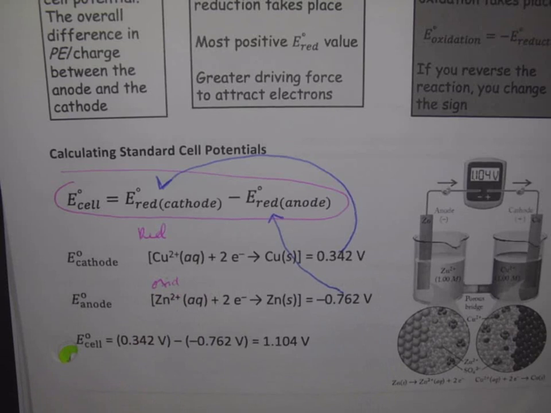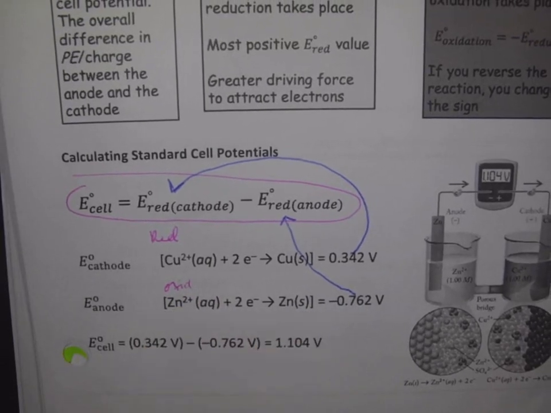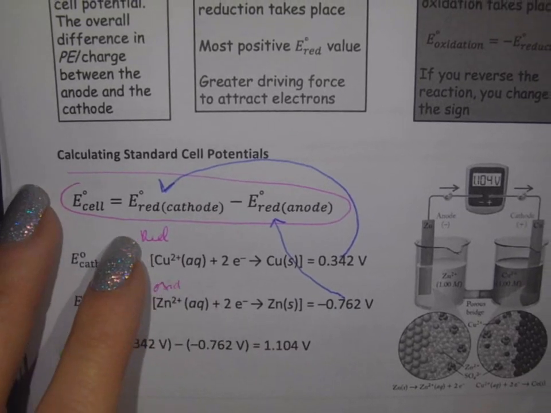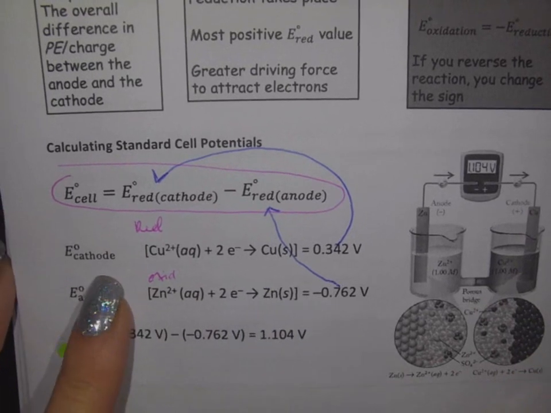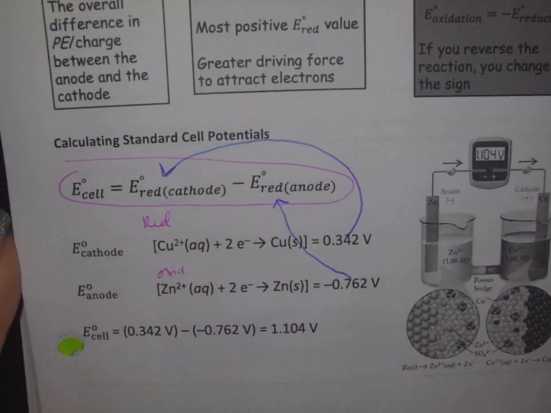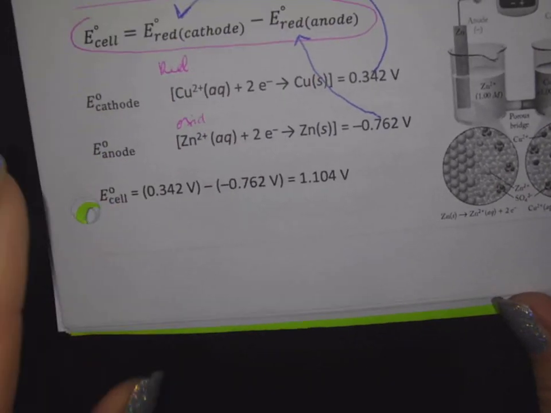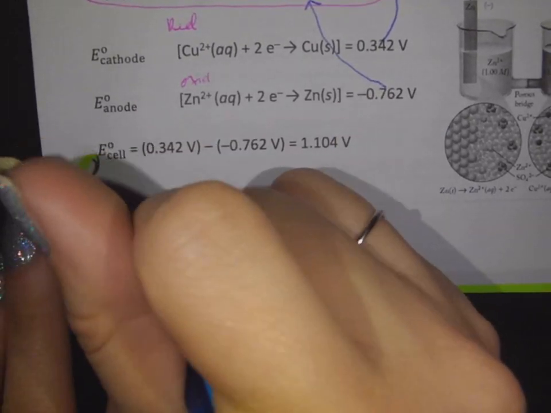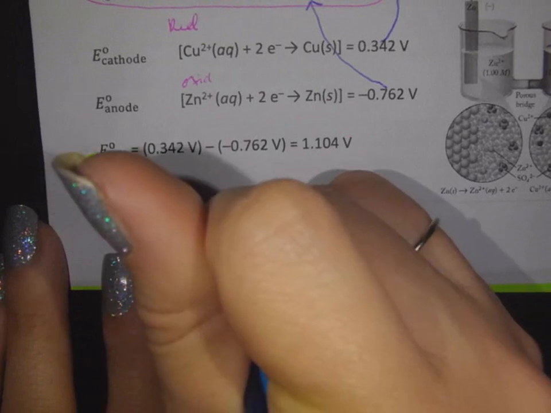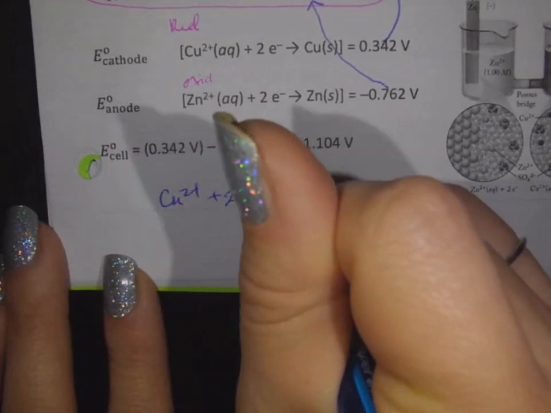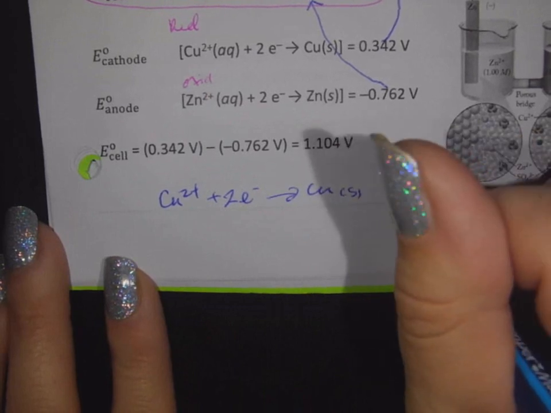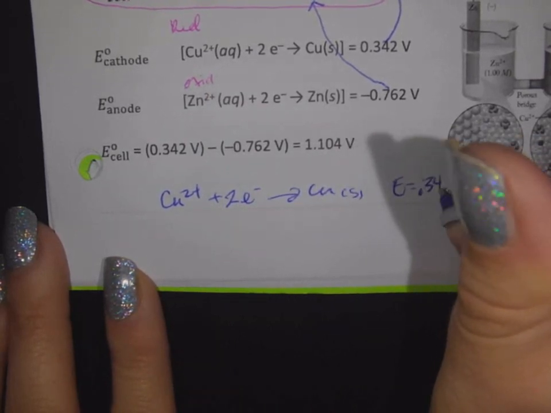If we flip the zinc, would we also have to flip the copper? Oh, good question. No, we wouldn't. And let me show you why. If we combine these in the way that you guys are saying, I leave copper the way it is, because this is a positive, so it's going to be copper 2 plus 2 electrons turns into copper solid, and that gives me an E value of 0.342.